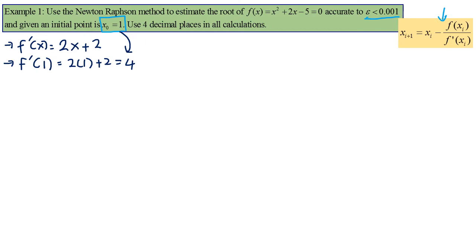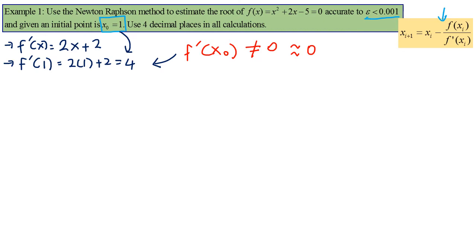So you have to make sure that f prime x0, at the initial value, cannot be equal to 0 or too close to 0. Otherwise, your calculation cannot be done. For this question, your initial point 1 is suitable, because f prime is equal to 4, which is not so close to 0, and of course not equal to 0.